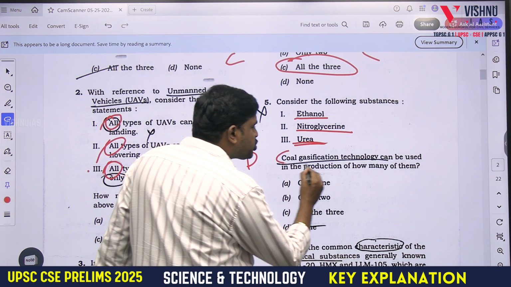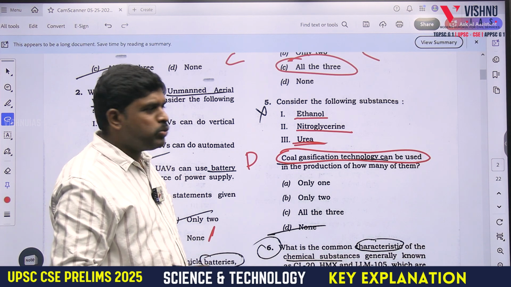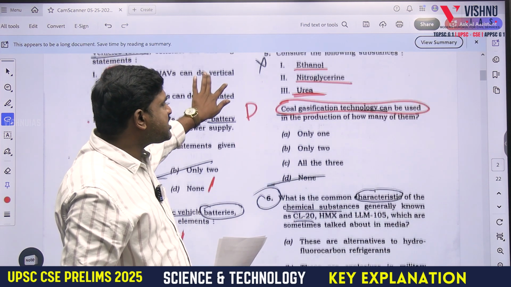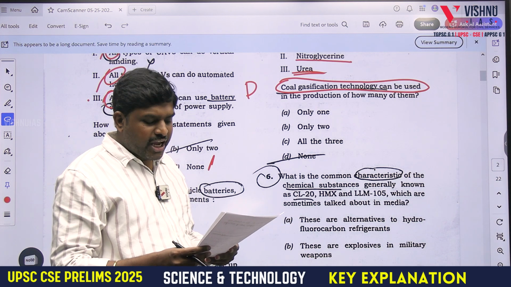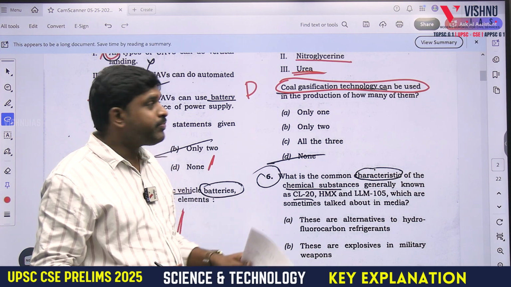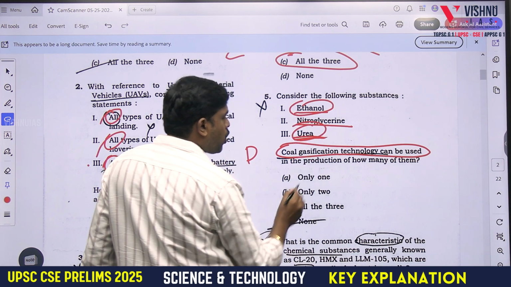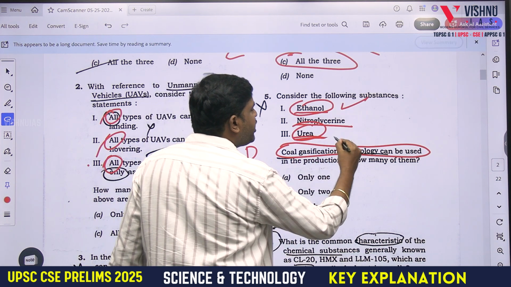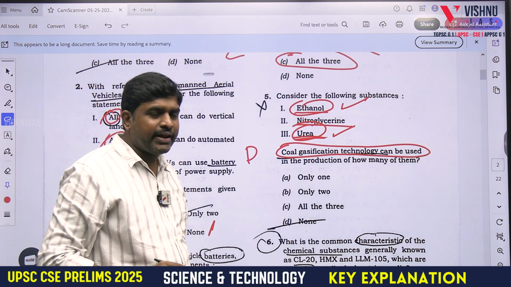Can be used in the production of how many of them? So which of the substances are used in the coal gasification technology? So answer is only 2. Coal gasification technology can be used in the production of ethanol and urea. Not 3, it is in ethanol and in urea we will be using the gasification technique but not nitroglycerine.